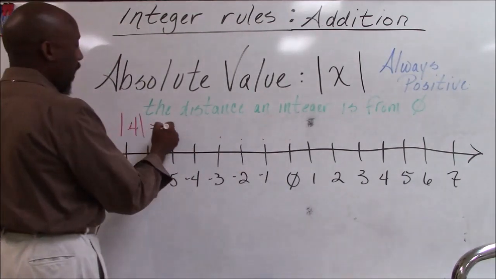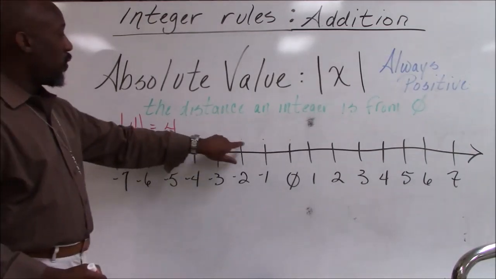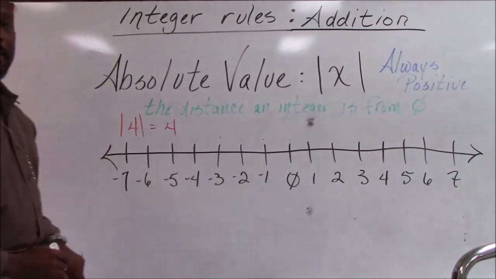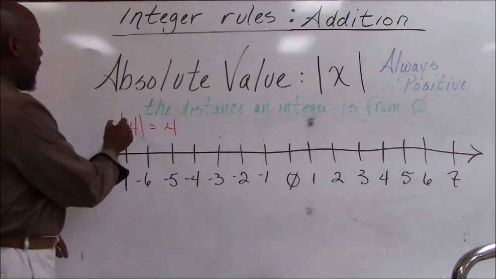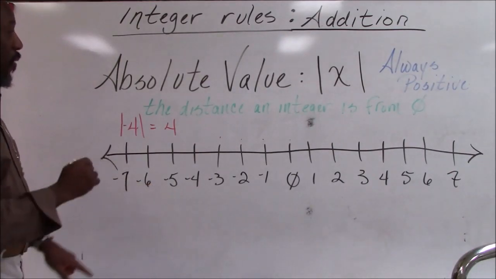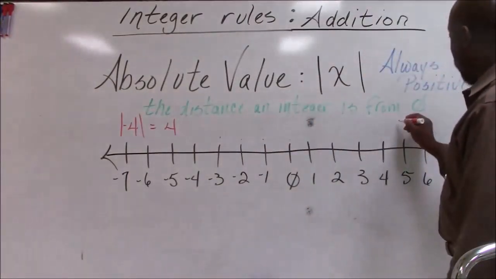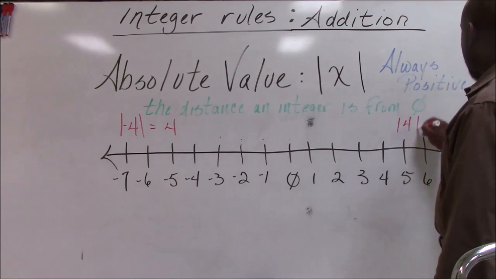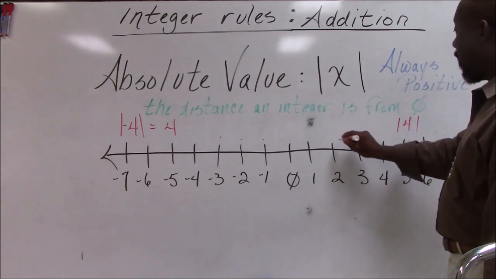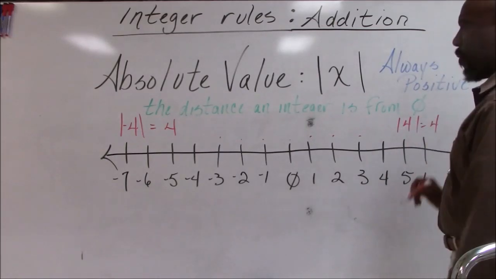The absolute value of 4 is 4. 4 is 1, 2, 3, 4 spaces from 0. Oh, excuse me. That's the absolute value of negative 4. Excuse me, I made a mistake. If we go on the other side and we look at the absolute value of 4, which is what I said the first time, then you find out it's 1, 2, 3, 4 spaces from 0.